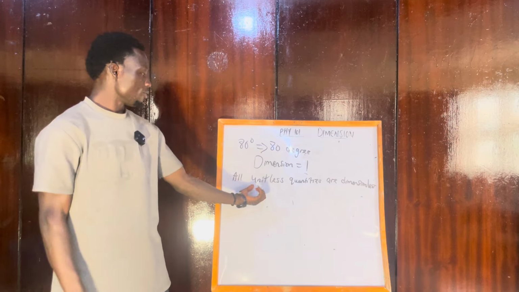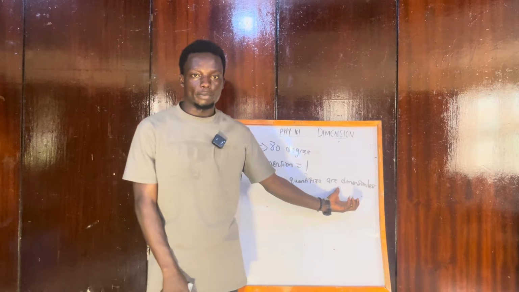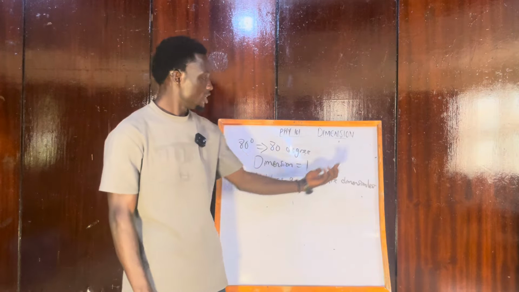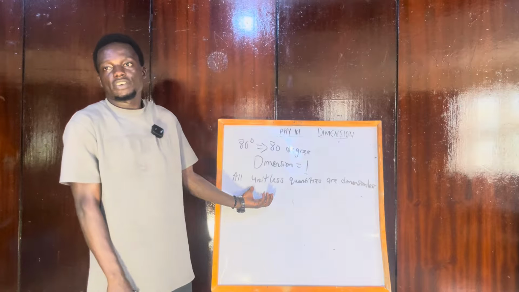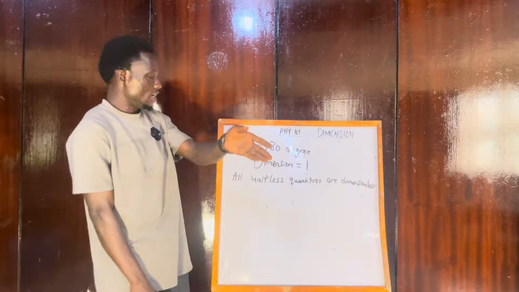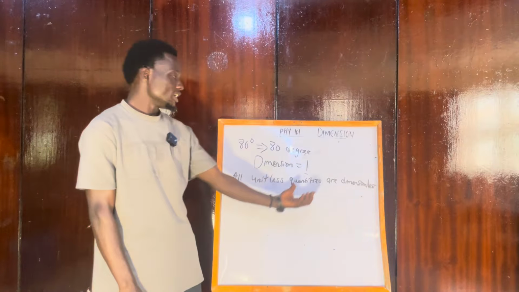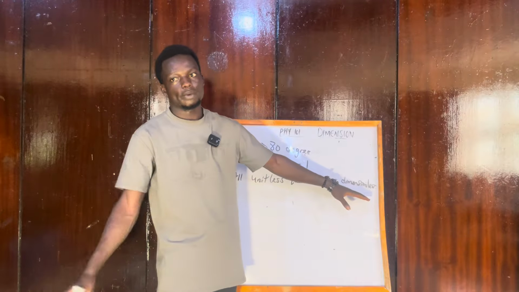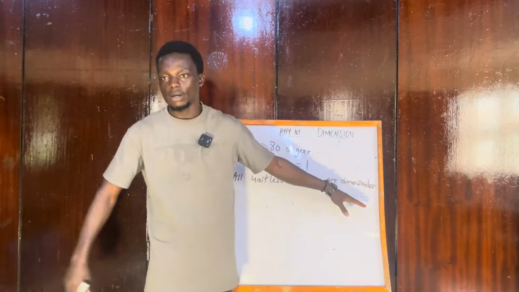That's very correct. Because if you don't have units, you cannot have dimension. A unit is just like an identification. If I cannot identify a quantity with its unit, there is no way such a quantity can possess a dimension. So without units, there is no dimension.